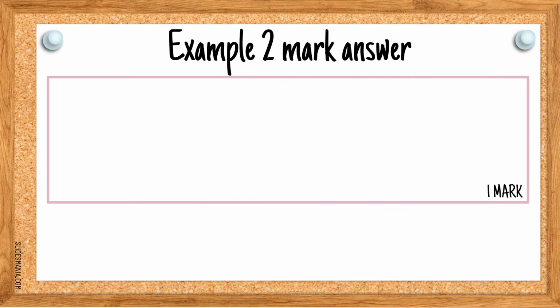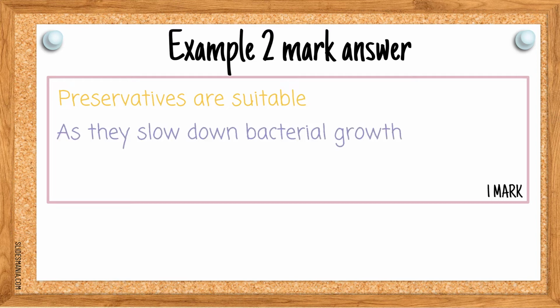So another example 2-mark answer. We've started off with our opinion in this case by saying preservatives are suitable. Remember, we're wanting to state the specific type of additive, so we stated preservatives. We've then given our fact in purple by saying they slow down bacterial growth.